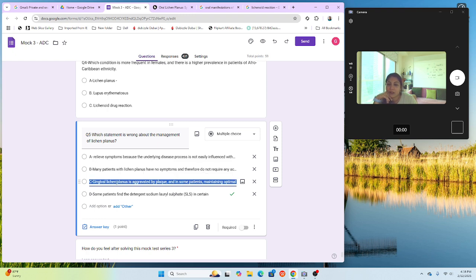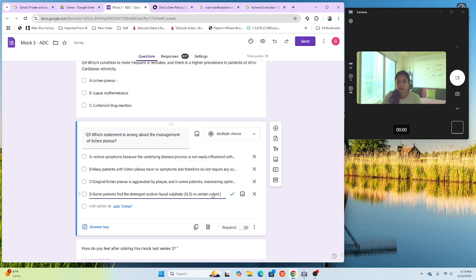Okay. Gingival lichen planus is aggravated by plaque, and in some patients maintaining optimal oral hygiene can be difficult because of pain. That is true. Some patients find the detergent sodium lauryl sulfate in certain toothpastes is a culprit to initiate the lesion.